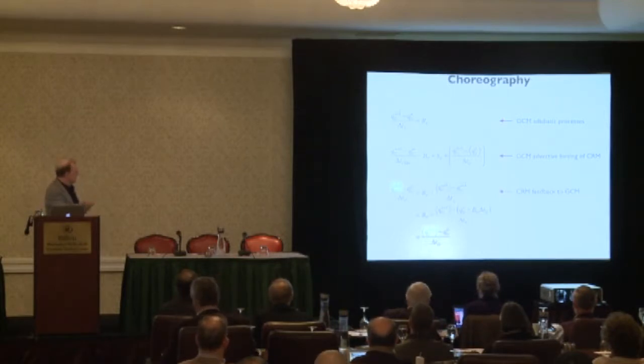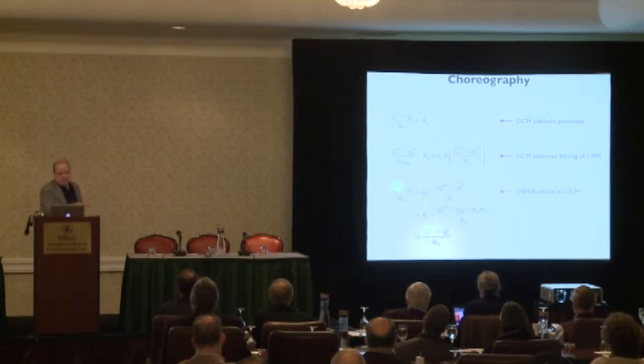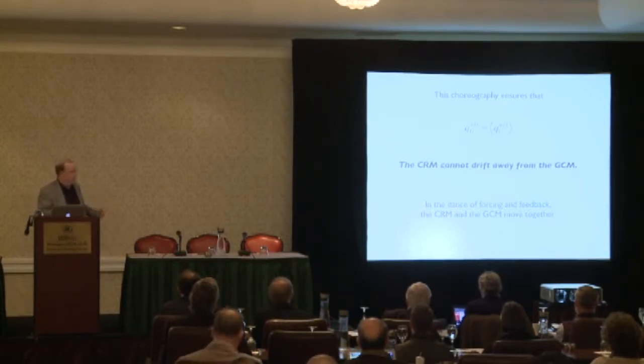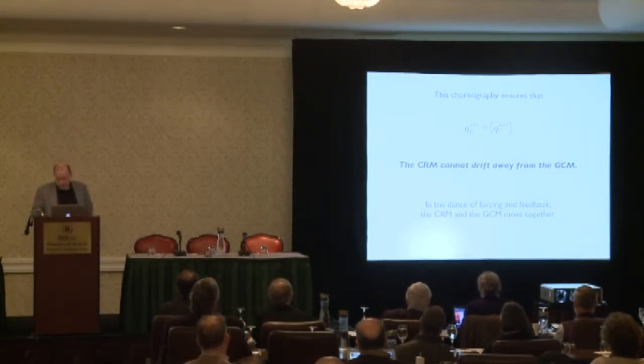And good, you can see the yellow. So if you compare this to this, you see they're the same, except that this is the GCM value at n plus 1, and this is the horizontally averaged cloud resolving model value at n plus 1. So those two numbers must be the same, and that's a good thing, because we don't want the two models to drift apart, right? We want the same planet. So in the dance of forcing and feedback, the CRM and the GCM move together.